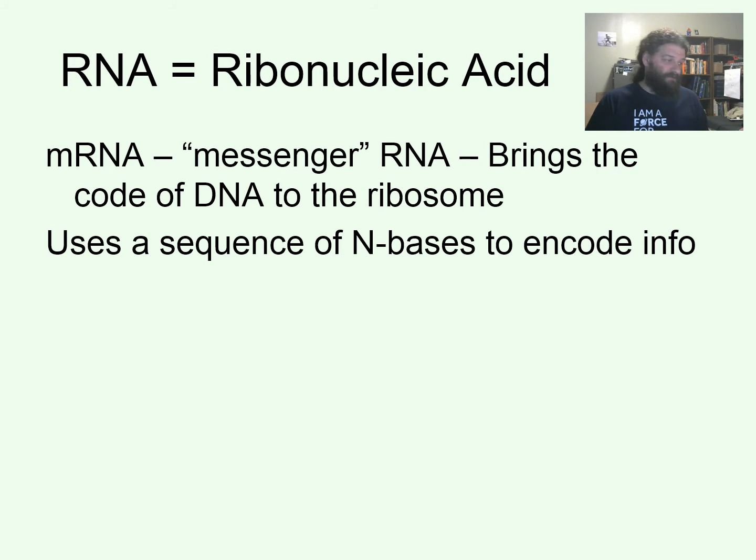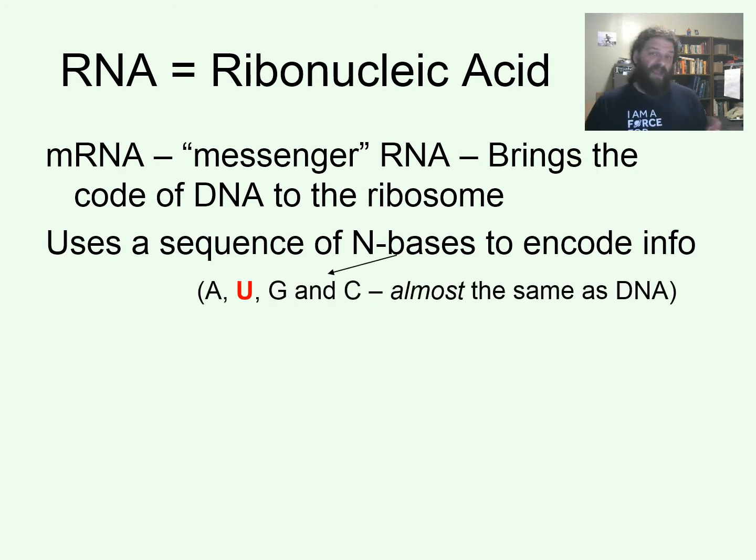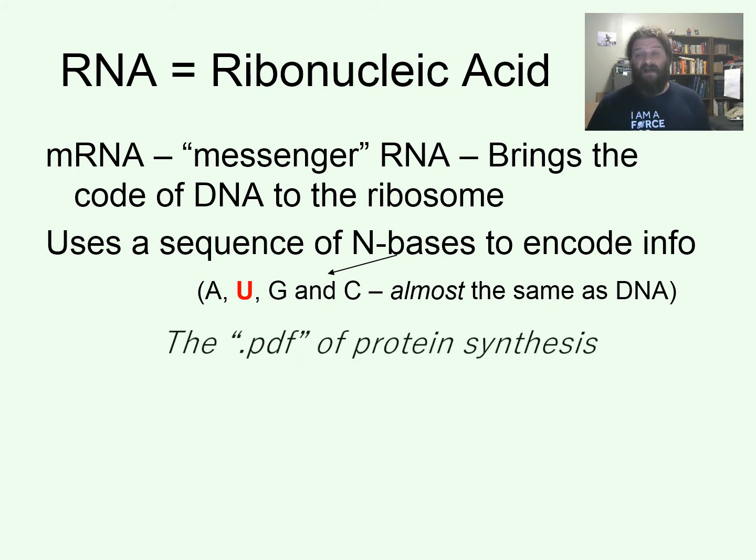It uses nitrogenous bases to encode the info. There is a difference: instead of A's, T's, G's, and C's, it uses uracil instead of thymine. So it's almost the same as DNA, but not quite. Uracil is a perfect stand-in for thymine.